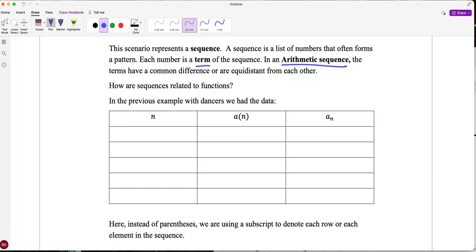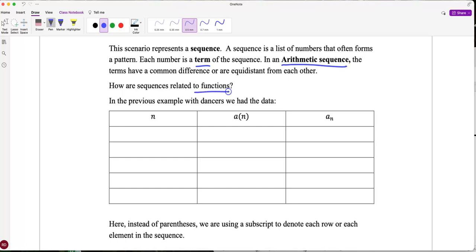So how are sequences related to functions? It's very similar, because the function that we had, when we look at a line, has a slope, and that slope means that it's the same slope all throughout the line. So it's very similar in a sequence: even though you're not drawing a line, you're saying each time the sequence progresses, I'm going up by the same amount.